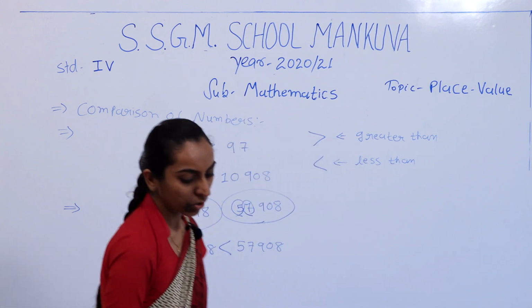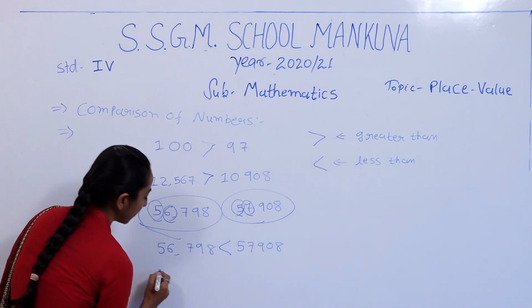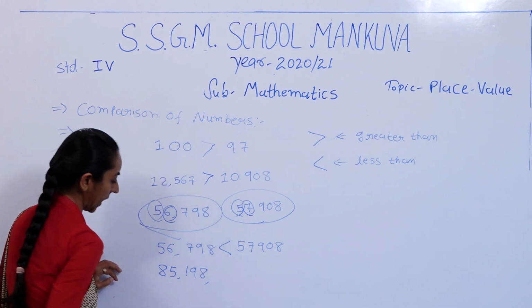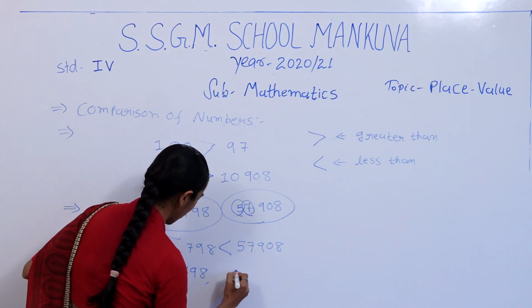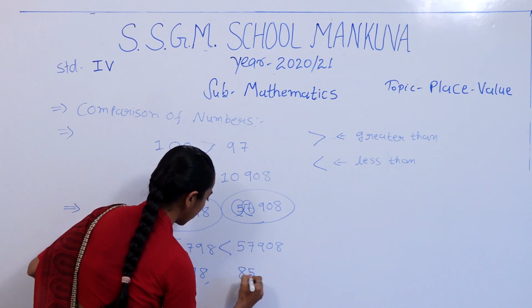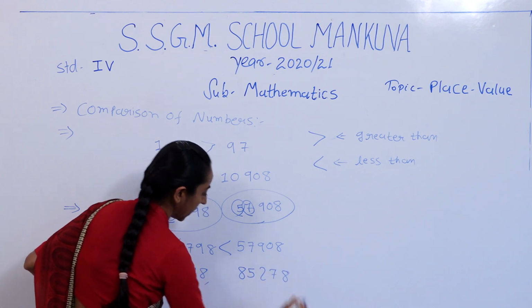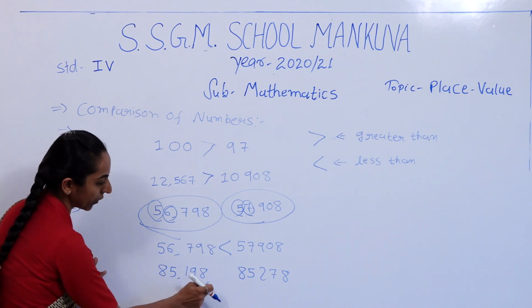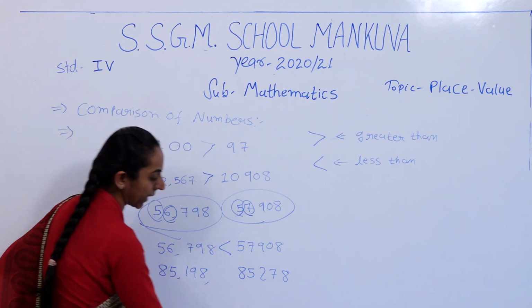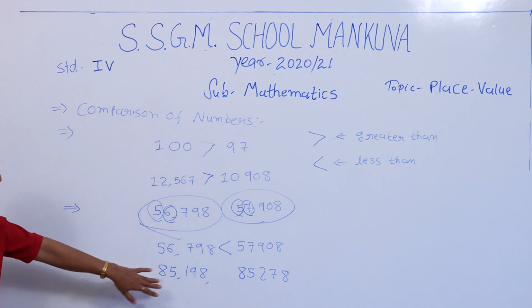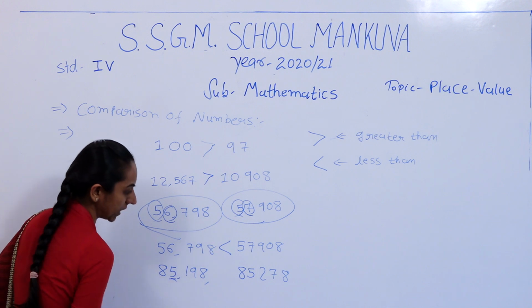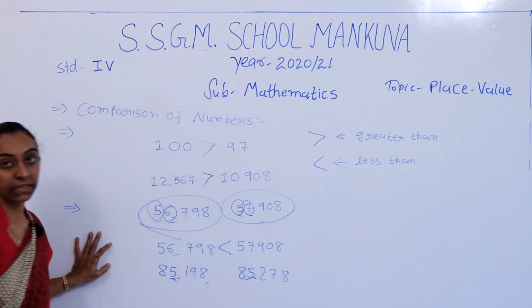Okay, now next example, 85,198 and 85,278. First we count the digits, 1, 2, 3, 4, 5 and 1, 2, 3, 4, 5. The digit count is the same. Let's see the second digit. Second digit is 5, also second digit is 5.